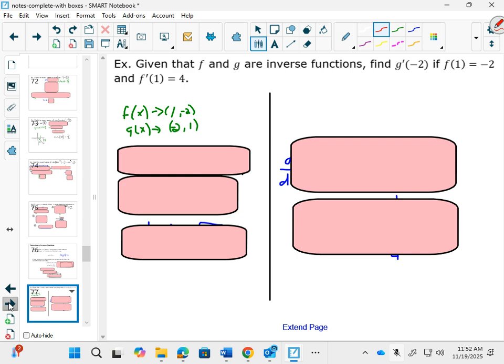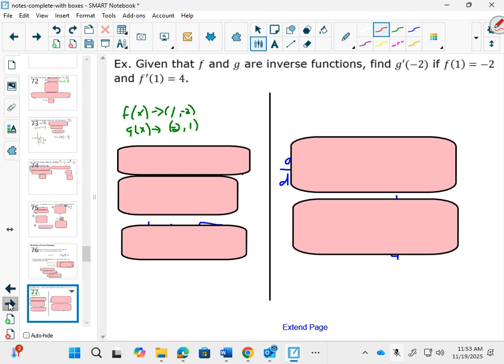It says we want to find g prime of 2, and we know f of 1 equals negative 2, and f prime at 1 is equal to 4. So, if you know that f of 1 is equal to negative 2, that tells you that you have the point 1 comma negative 2 on f of x, and because they're inverses, that tells you that you have negative 2 comma 1 on g of x. Just switched x and y.